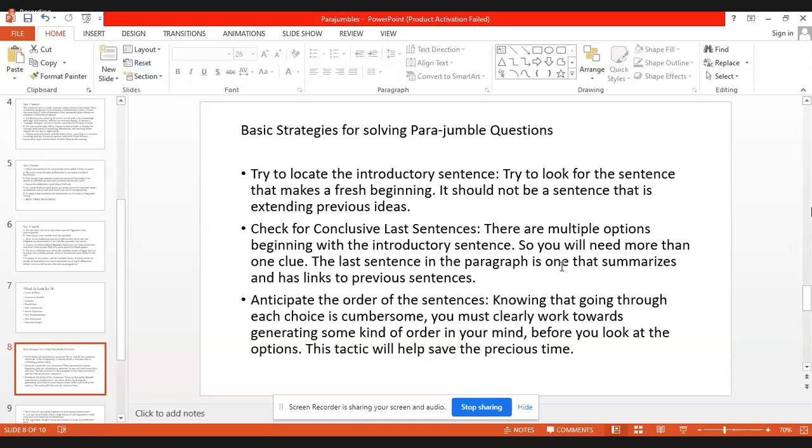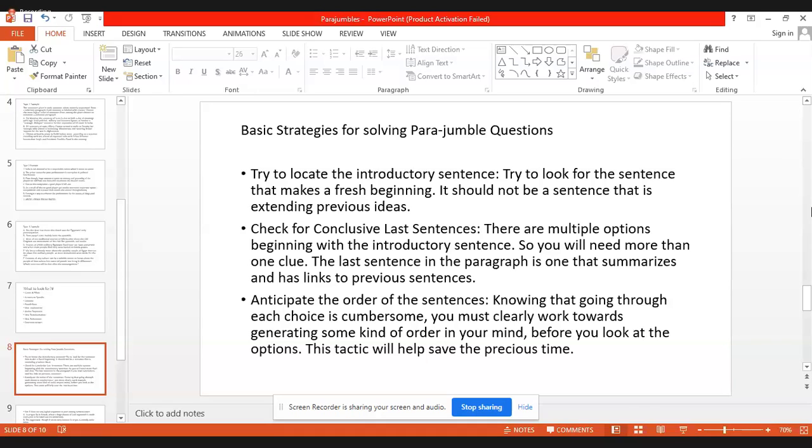Right? Now these parajumbles, these sentences, they're drawn from newspaper articles, from journals, from novels, from textbooks. Now imagine yourself an author. How would an author narrate something to somebody? If the author was to begin telling a story, he or she would first give you the context or the background, right?